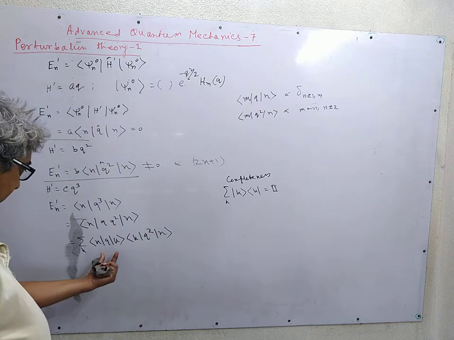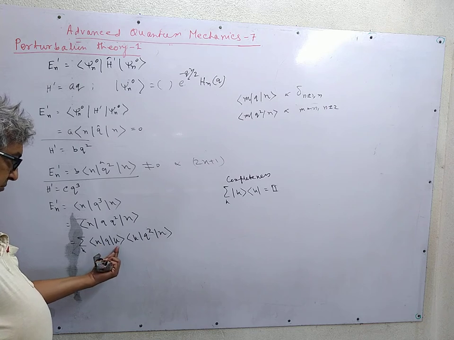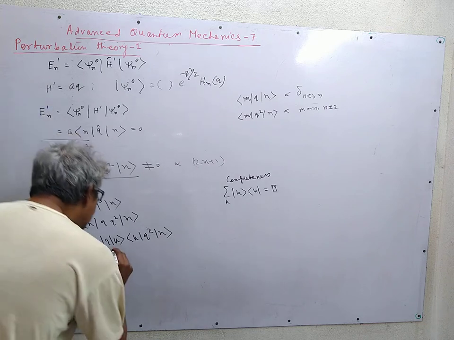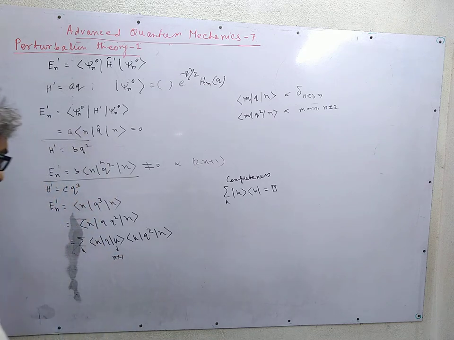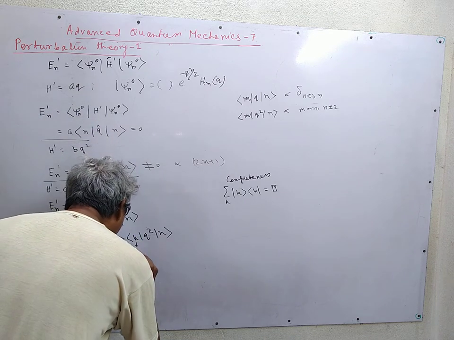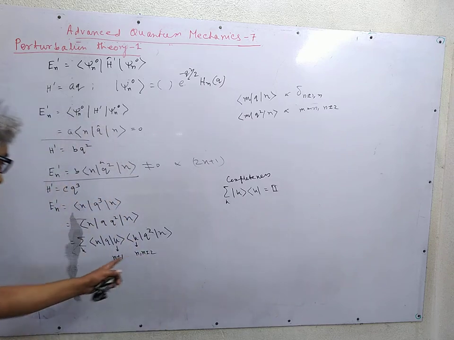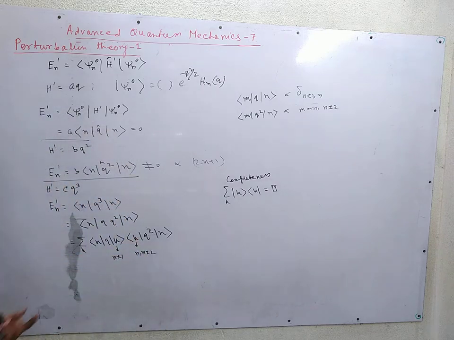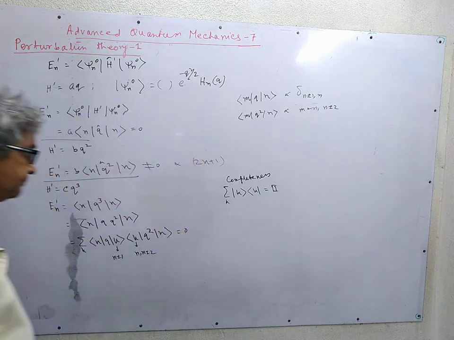We know that the first contributes to a non-zero value when k is equal to n plus minus 1, and this contributes when k is equal to n or n plus minus 2. So there is no common value of k coming from these matrix elements, so the result is 0.